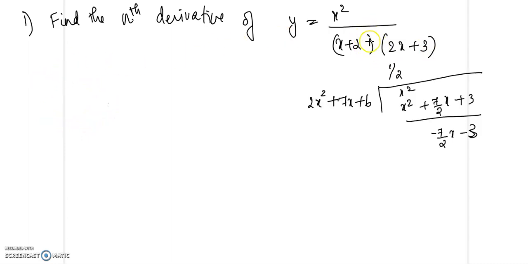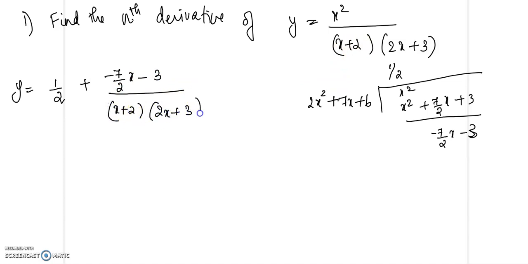We have equal powers in numerator and denominator, so first we will do long division. Therefore y will be equal to 1 by 2 plus (minus 7 by 2 x minus 3) by (x plus 2) into (2x plus 3).